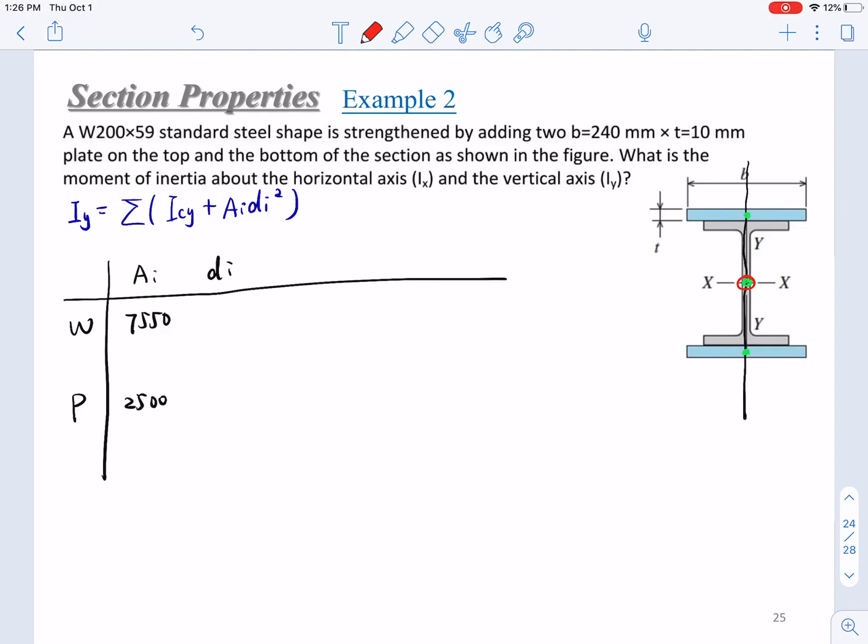They're all on this line, so in the x direction, their distance is just 0. They have no distance. These axes are all together.